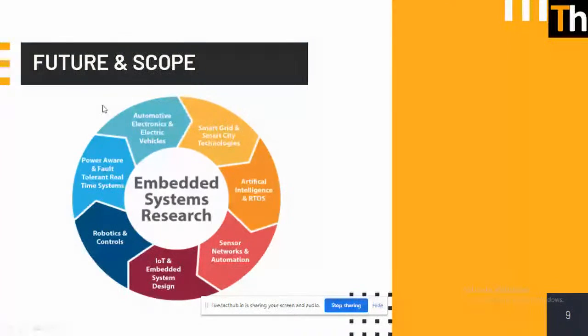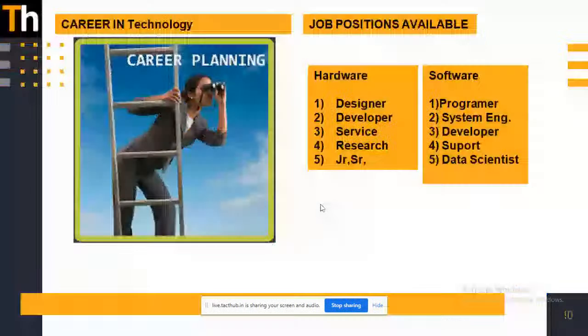Where embedded systems are going, that also I have already told you. Then naturally the young ones, or those who want to switch jobs or mold themselves, or have now got an interest in this: what are the job positions available? These are just points I have given.